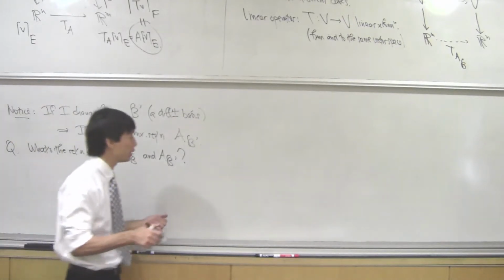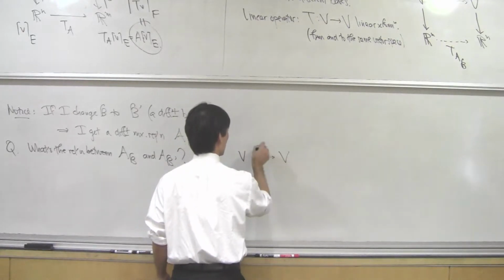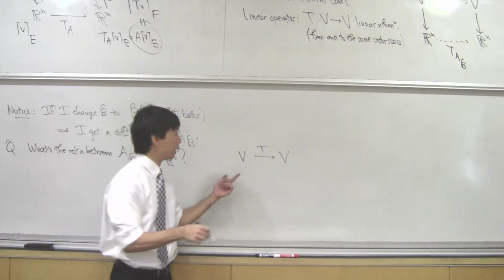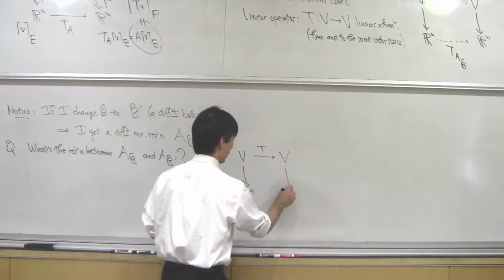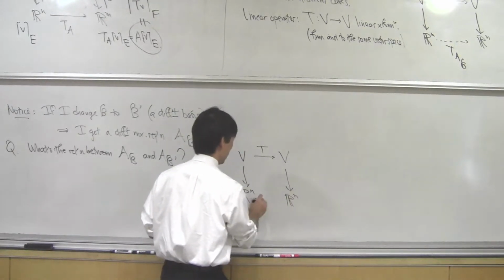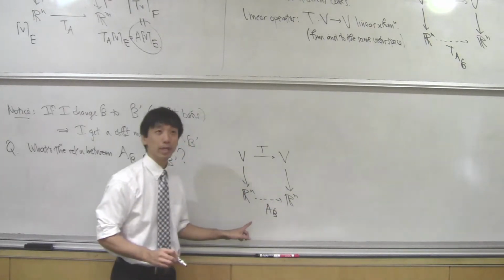Let me draw a picture. So we've got our transformation going from V to V, right? We've got one matrix representation, A_B.